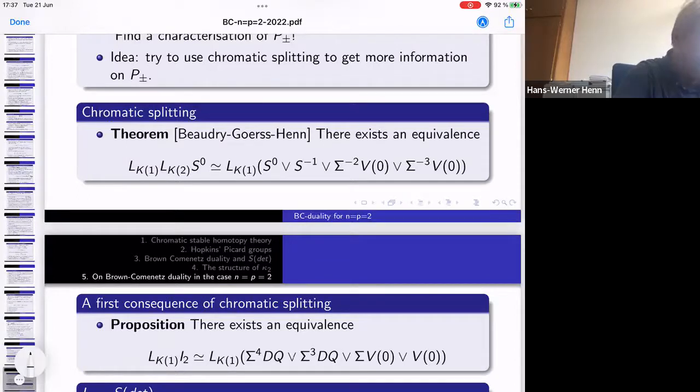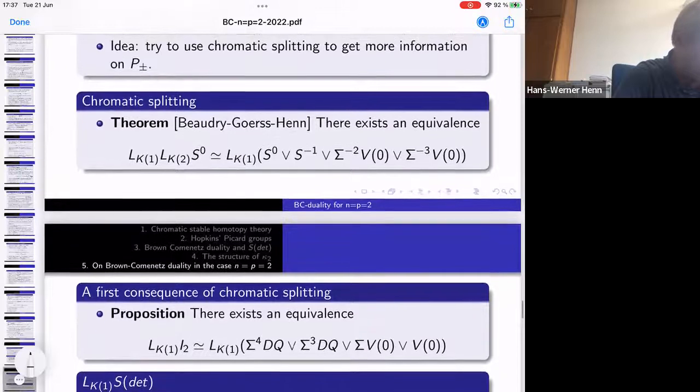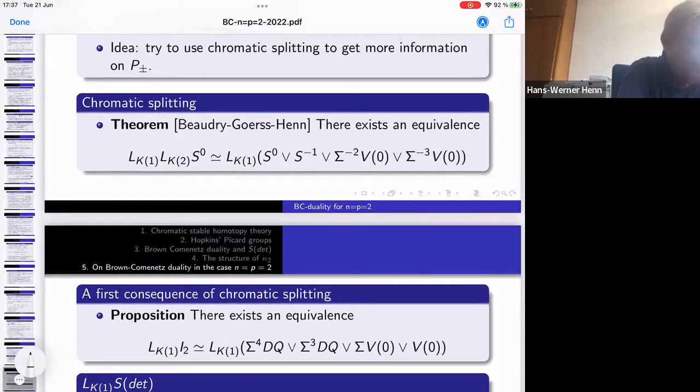But I was very naive at the moment. I mean, maybe I was speculating about that already in 2019. But I was very naive at the beginning, and I didn't realize that there's a real difference between S plus det and S minus det. I mean, we'll get to that in a moment.